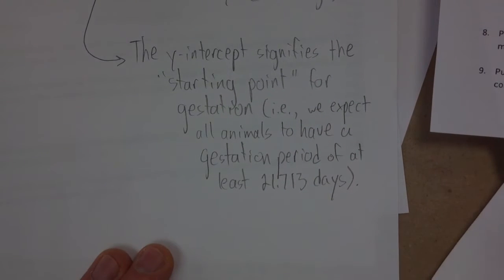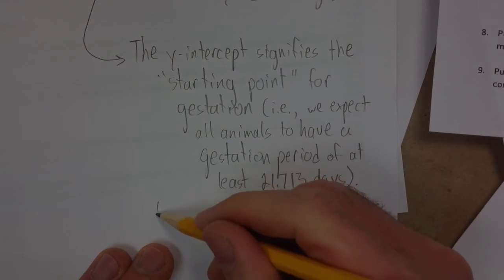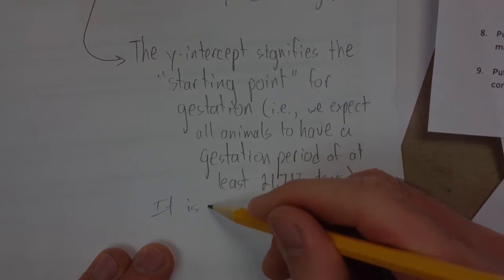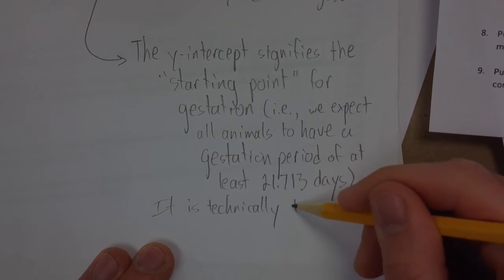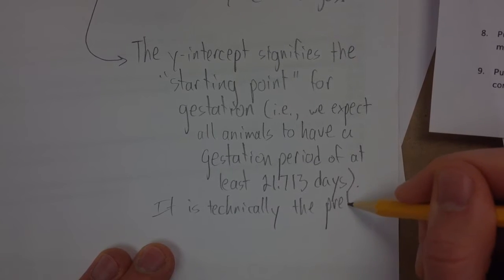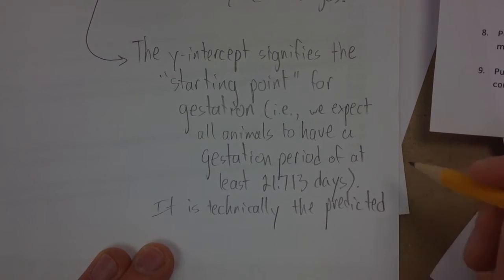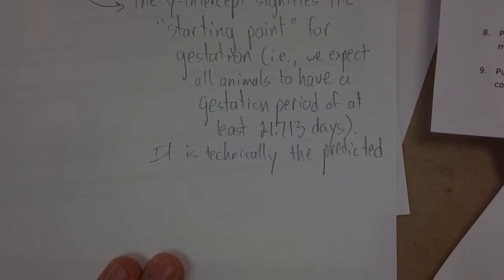Okay. And also you could insert the mathematical definition. It is technically the predicted gestation for an animal that has 0 years longevity. It never lives.